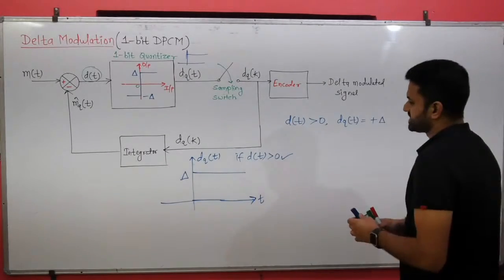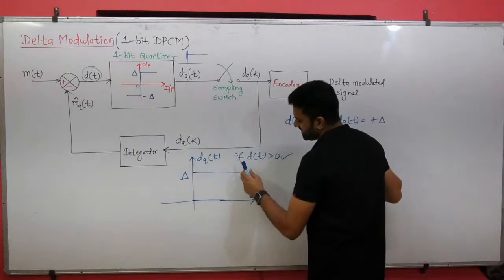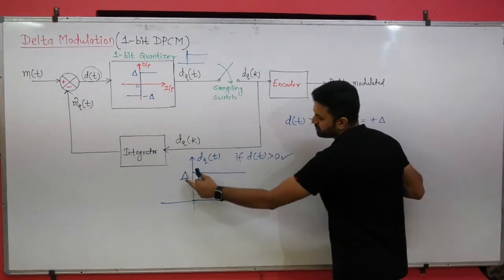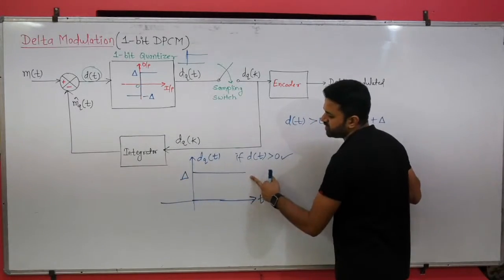Okay, yes. So it is correct. For this particular condition, if d(t) is greater than 0, the output will be plus delta which will remain constant.